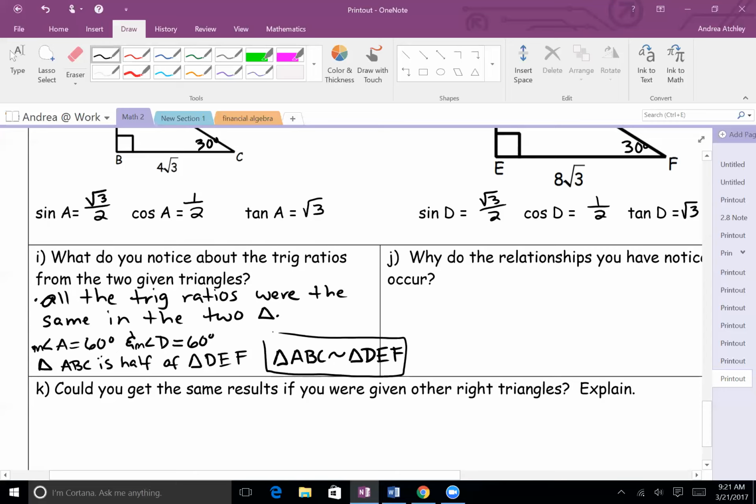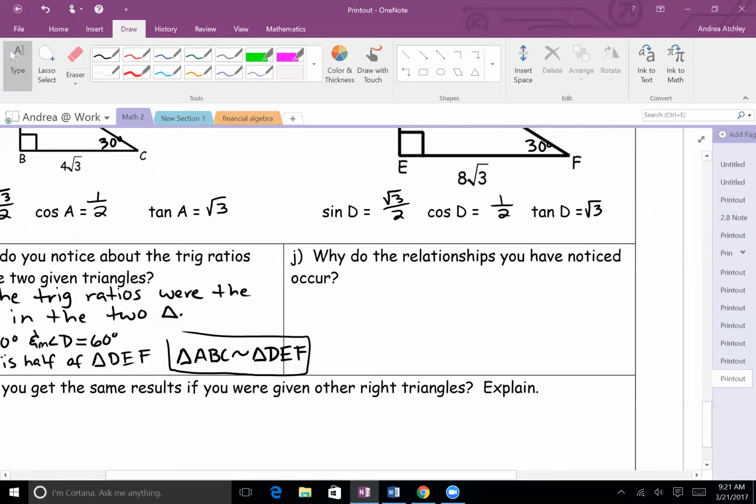Okay, and then why did you think the relationships you noticed occurred? Why did you think the trig ratios were the same? Because the triangles are similar?